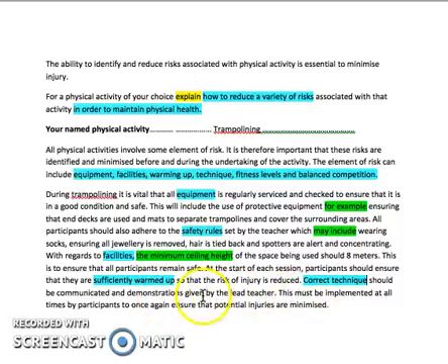This must be implemented at all times by participants to once again ensure that potential injuries are minimised. Now, of course, we could put these further ones in, fitness levels of the performer and balanced competition, but we have identified them here, and you may of course run out of time to do this really well.